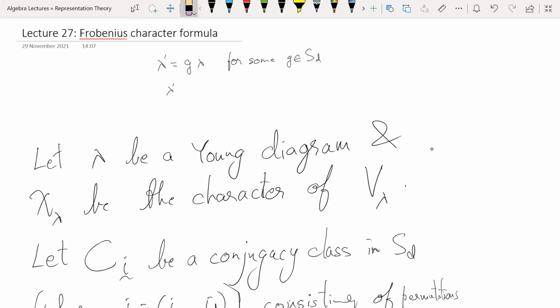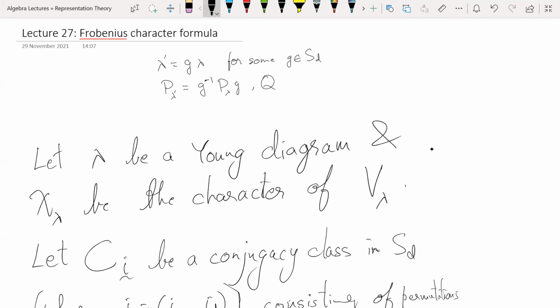Then P lambda and Q lambda are going to be conjugates. So P lambda prime is going to be g inverse P lambda g, or conjugate by g or g inverse, one of the two.